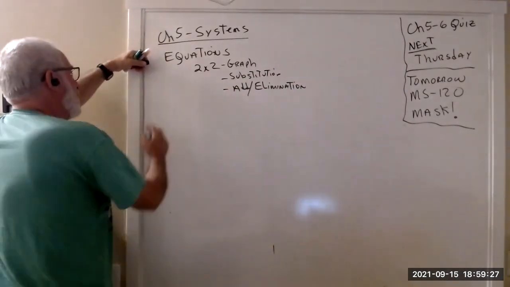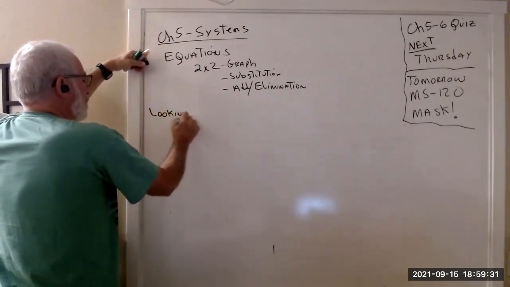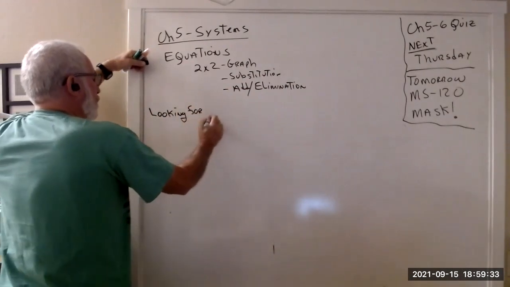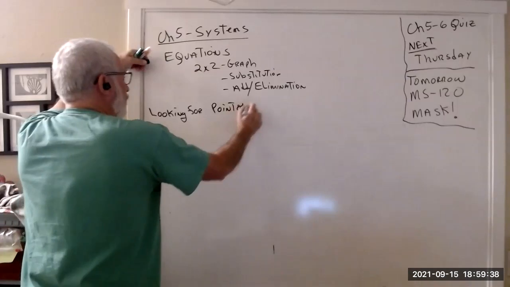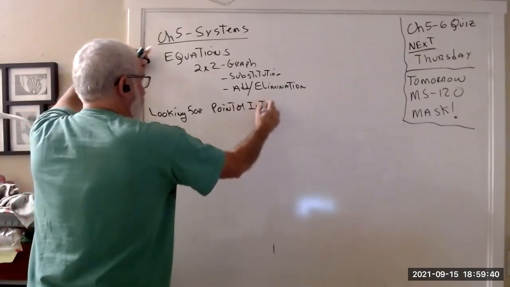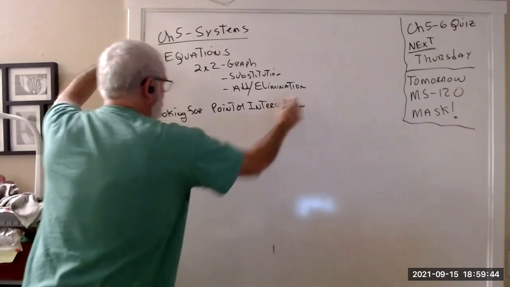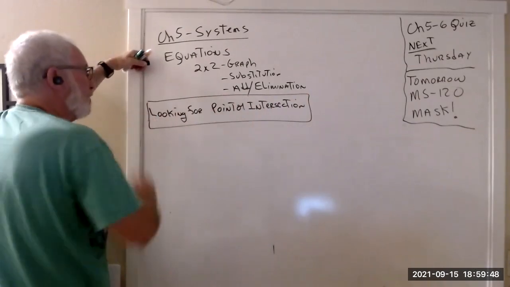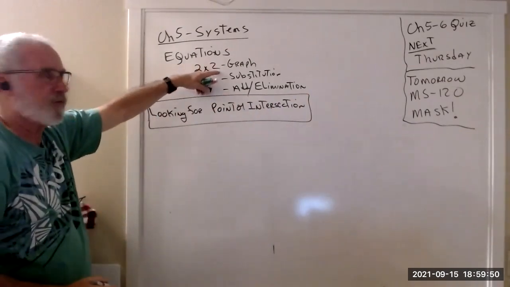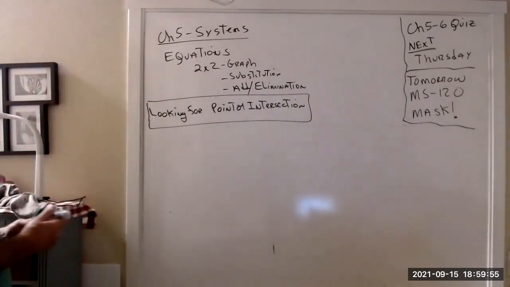Ultimately, we're looking for the point of intersection. That's our goal on all of these, whatever method we use, graphing, substitution, addition, elimination. We're always looking for the point of intersection.